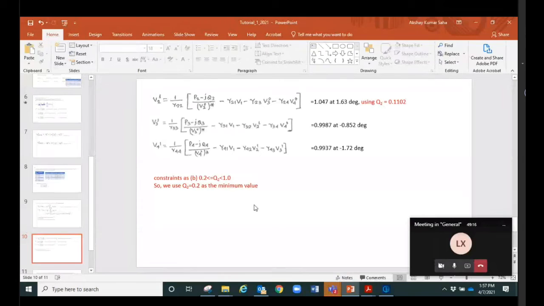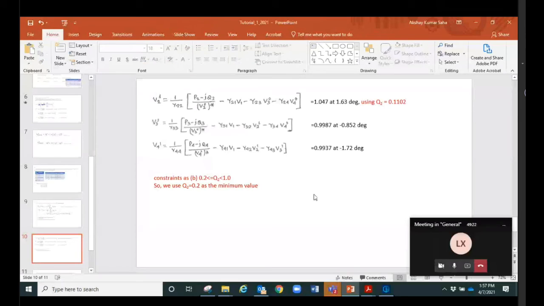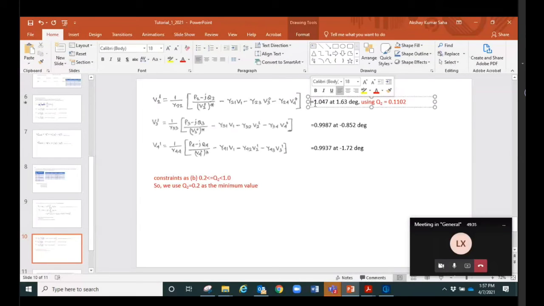So Q2 is chosen as 0.2 in this case, because that will make sure that we find the values within the limit. Now let me put these values that I have, so that you can double check at home.